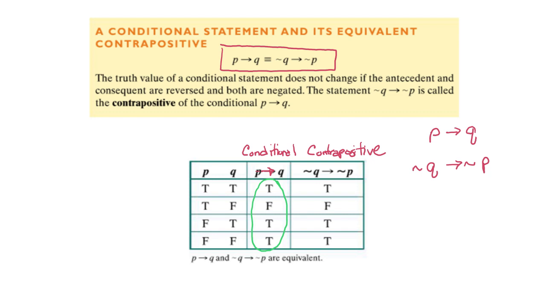So once again, all you have to do is take the negation and reverse sides. When they did the truth table for the contrapositive, they also came out with true, false, true, true. So since these are the same results, we can say these two statements are equivalent.